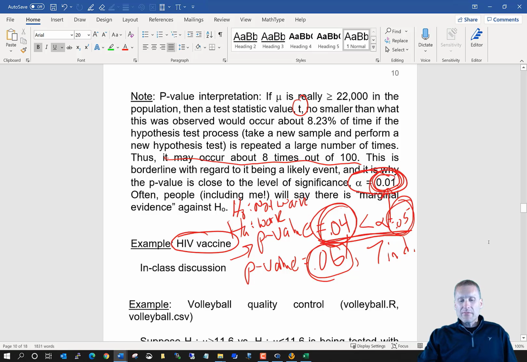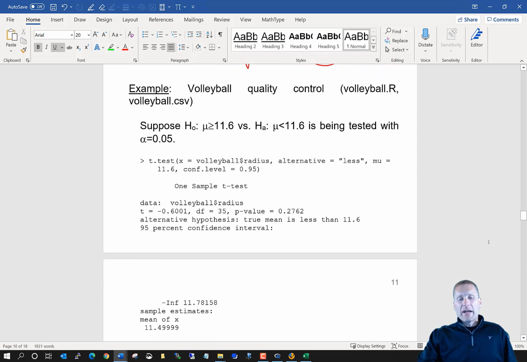Okay, let's move on. Let's go back to the volleyball example once again. Without a particular reason why, let's say my HA is mu is less than 11.6, so I have a left-tailed test.